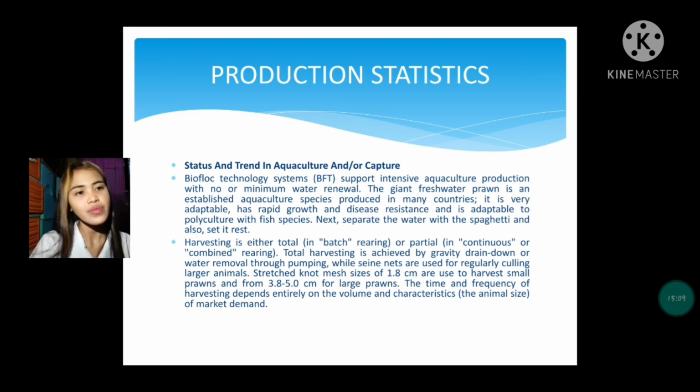Stretch net mesh sizes of 1.8 cm are used to harvest small prawns. Small prawns and large prawns have different nets used to harvest them. It is not just one net that is used.